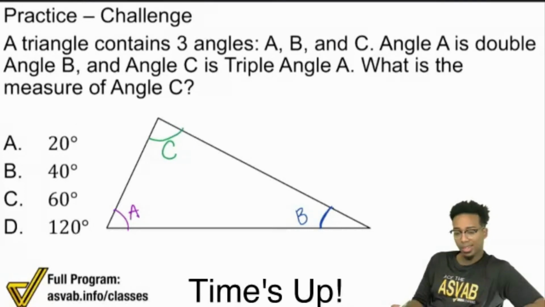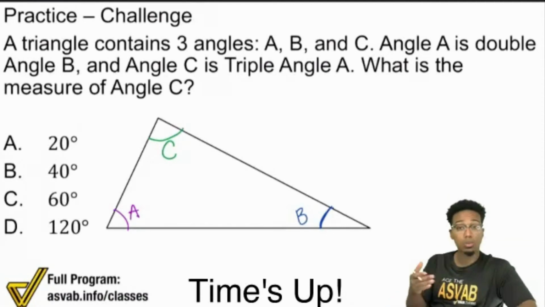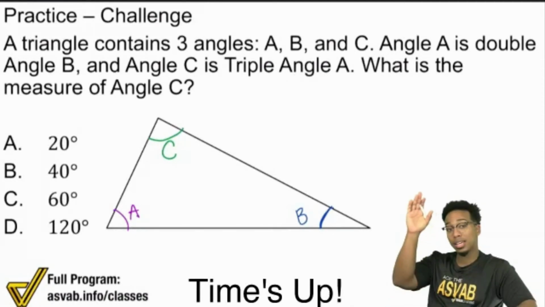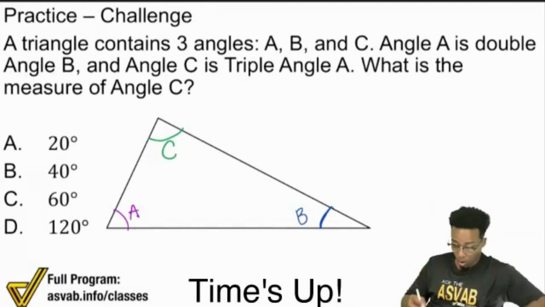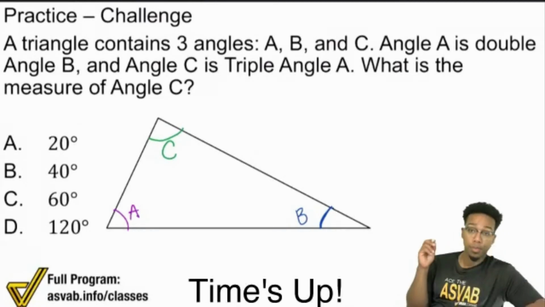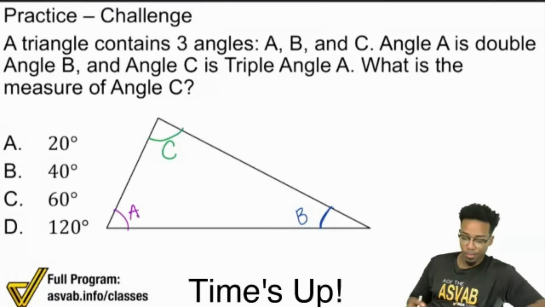Right, 180. The angles in a triangle add up to 180. Yes or no, is that a correct statement? All three angles, A, B, and C, add up to 180. Is that true?